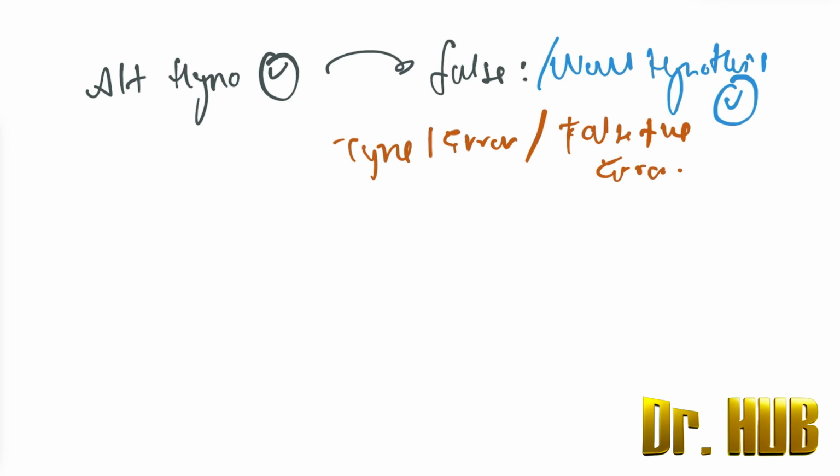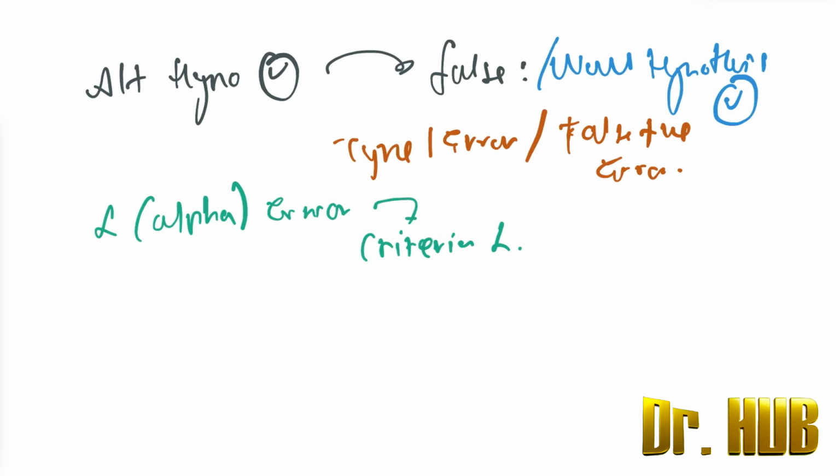It is also called alpha, so there is an alpha error. Alpha error is related to the criterion alpha.